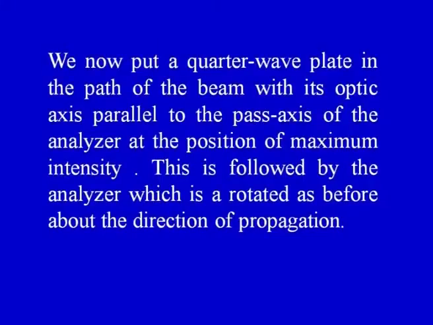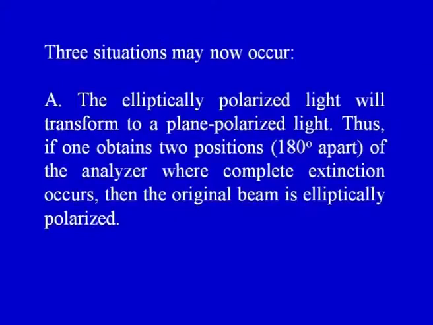We again put a quarter wave plate in the path of the beam with its optic axis parallel to the axis of the analyzer at the position of maximum intensity. This is a change from the earlier case. This is followed by the analyzer, which is rotated again as before about the direction of propagation. 3 situations may occur.